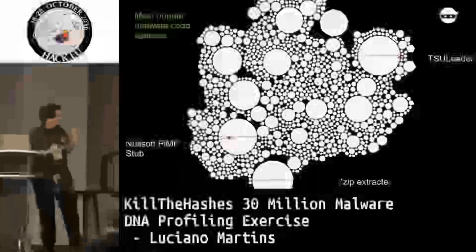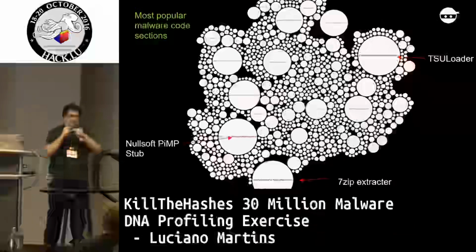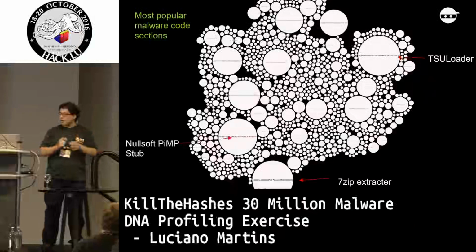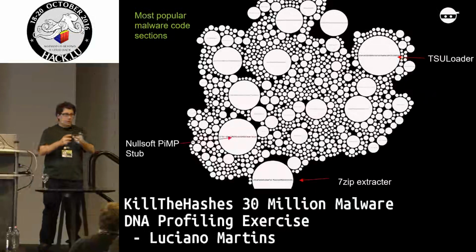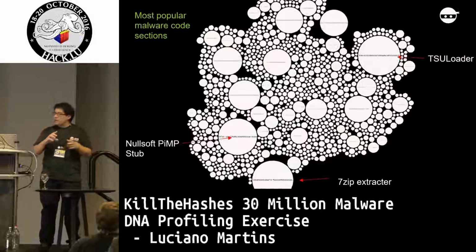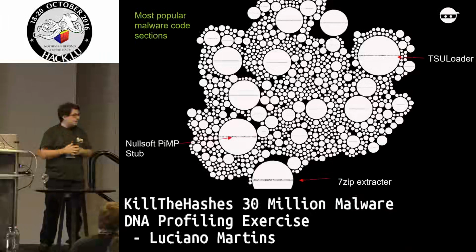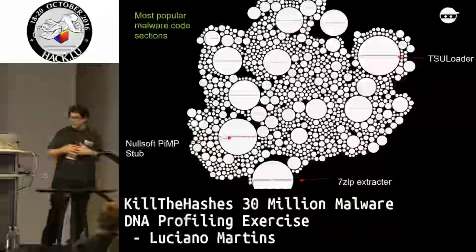And we built another one. We said we're going to cluster the absolutely same code. We determine what the code section in the file is, which is a little bit complicated, but we make it simple. And we say we're going to cluster all the code that is actually the same in the entire database set.